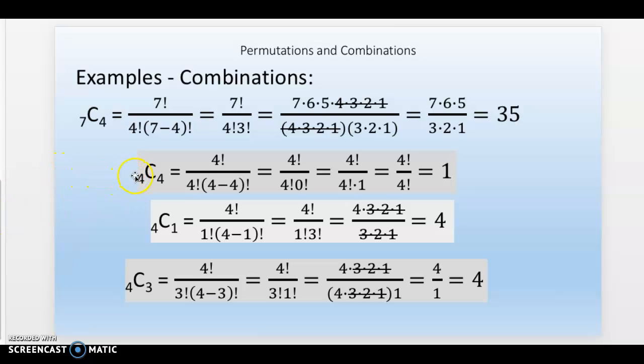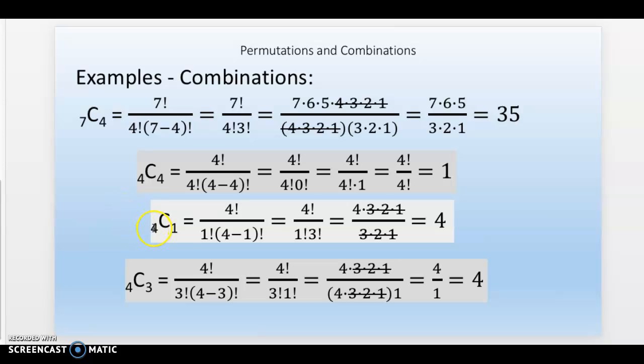Here, from 4, pick 4. This is 4C4, or 4 combination 4. There's only one way to do that. You pick all 4, order doesn't matter, so there's one group of all of them.